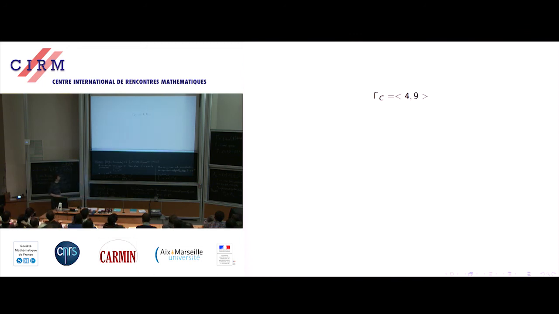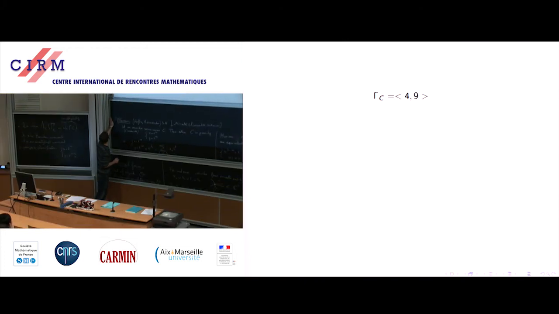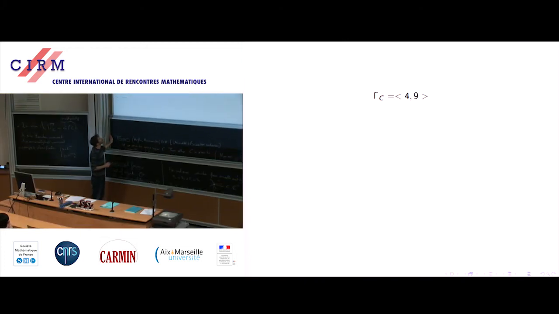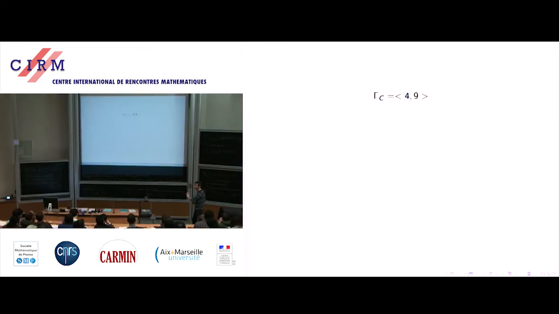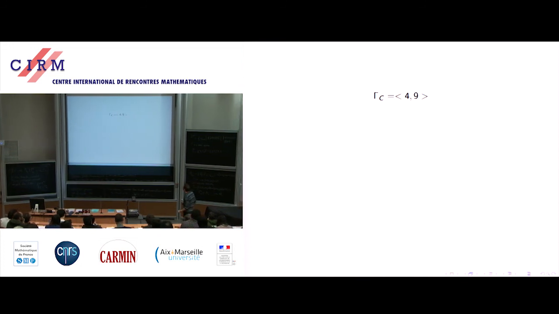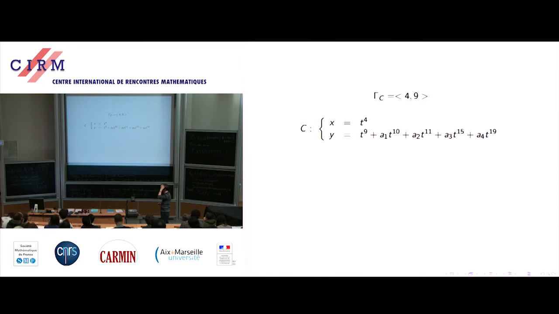Okay, so let me just show you what kind of result their algorithm can produce. For instance, consider the following curve with that semigroup, which means here that I fix the topological class, and then the algorithm produced the following result.